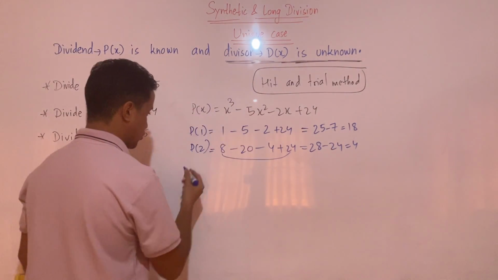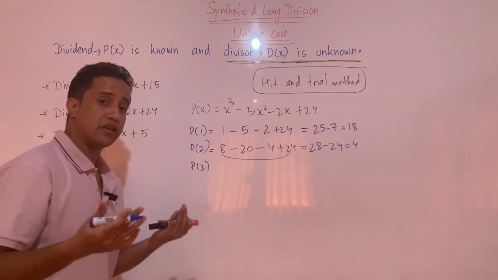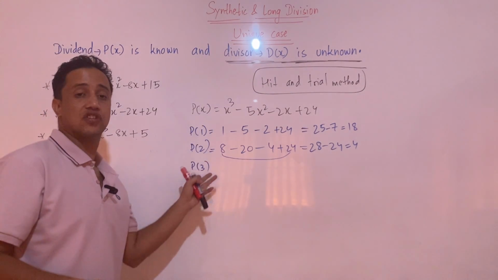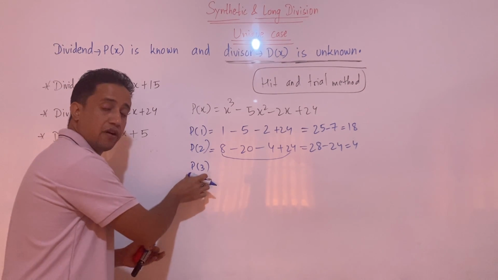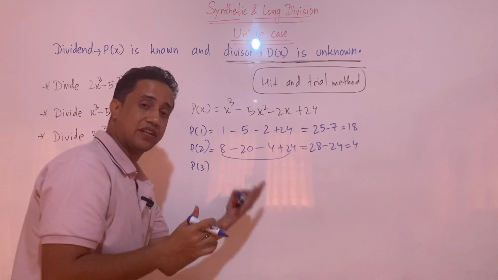So let's check for 3. Sometimes you can also check for minus 1, minus 2, minus 3. I will first check the first 3 or 4 positive values, and then I will check the negative values.